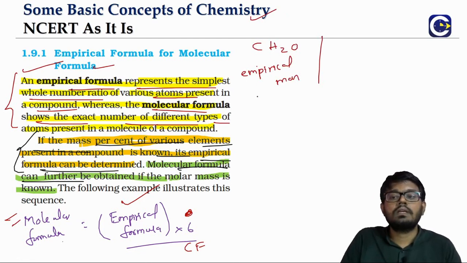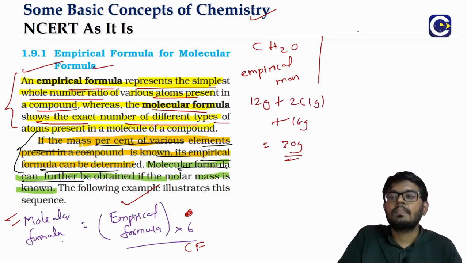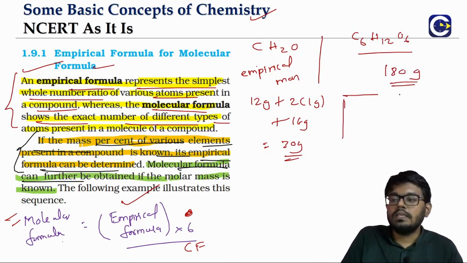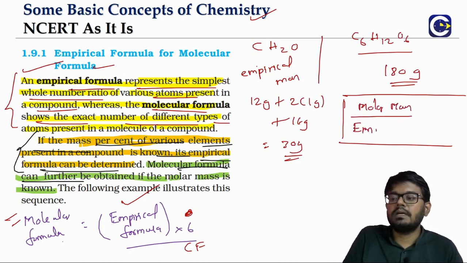We have 1 carbon, 12 grams, plus 2 hydrogens, plus 1 oxygen. 12 plus 2 is 14, so totally 30. The molar mass of glucose we already have, 180 grams. So look at this, the molar mass divided by the empirical mass.